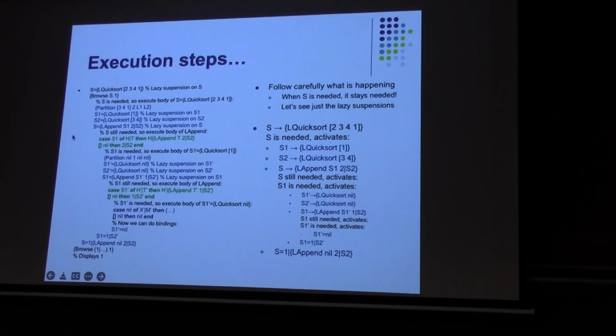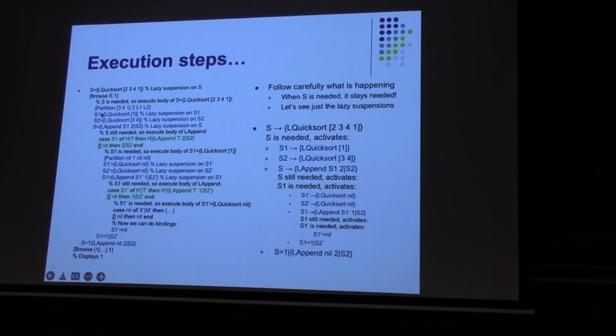But S is still needed, and the S.1 is still waiting. That means the third one, this one, S equal Append, will activate because it's doing S. So I will execute the green, which is the body of the append. Now this one needs S1, which is the first argument.